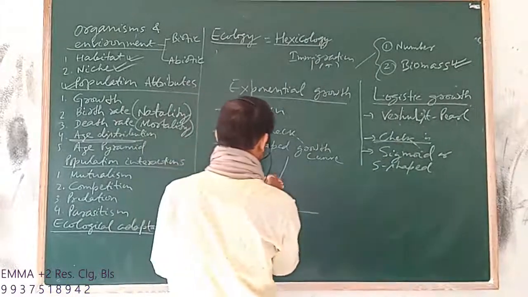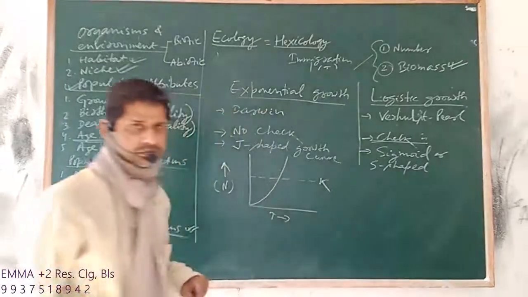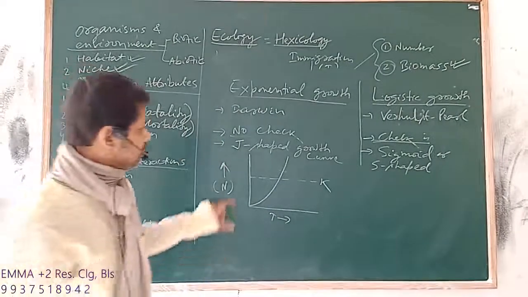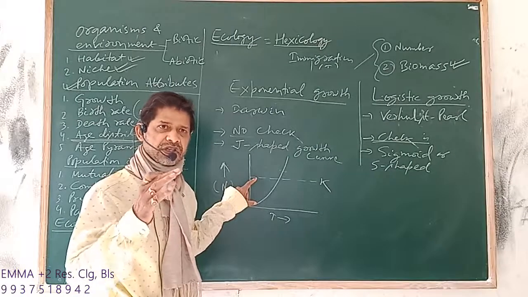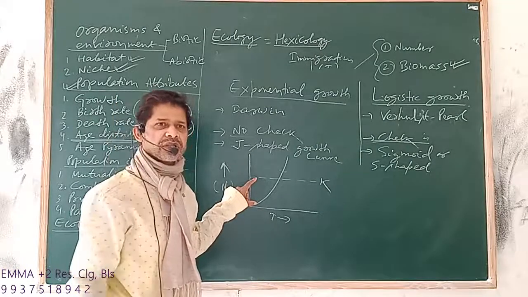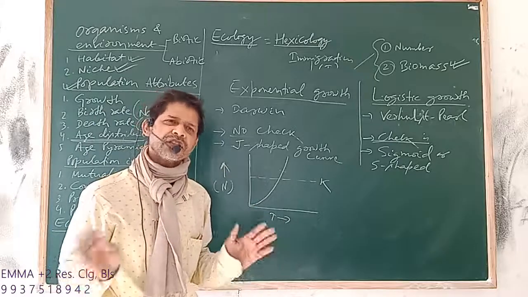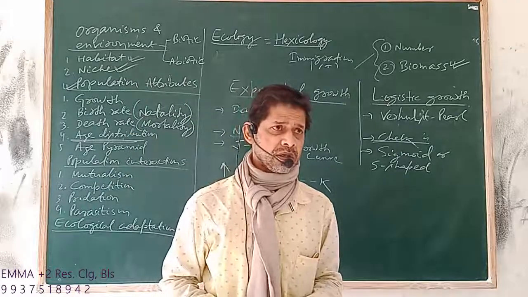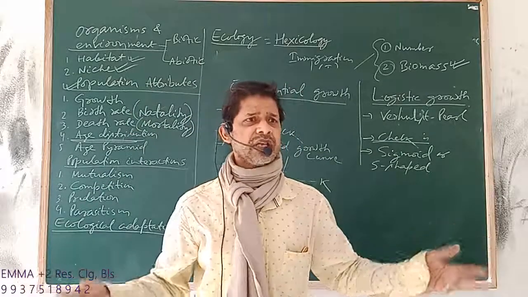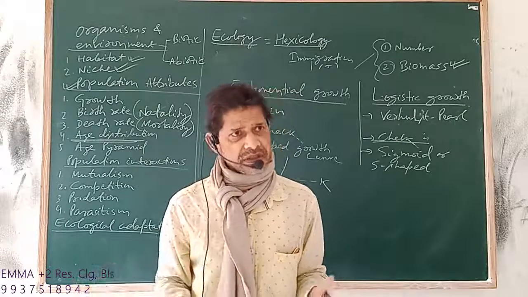Suppose this dotted line represents that carrying capacity K. So every environment has a limitation. It cannot tolerate more organisms than that. Suppose this is a small room, maximum 50 persons can sit here. 200, 1000 they cannot sit at all. So it is the carrying capacity.